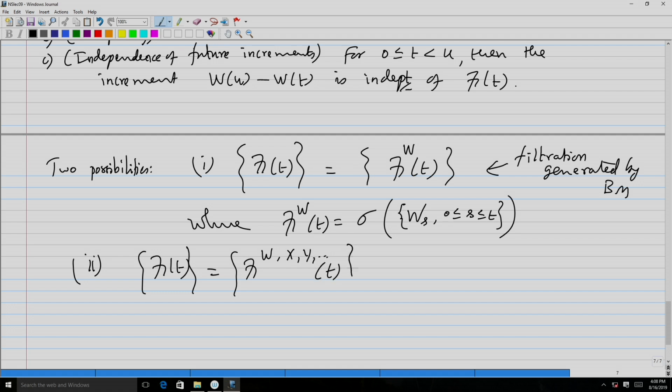But it should satisfy the condition that the additional quantities, X, Y, should again give no clue about the future behavior of W. Only then will this become a filtration for W. So the filtration could be generated simply by W or by one or more processes apart from W, but the additional processes should not give a clue about the future behavior of W. That is what one needs to keep in mind.